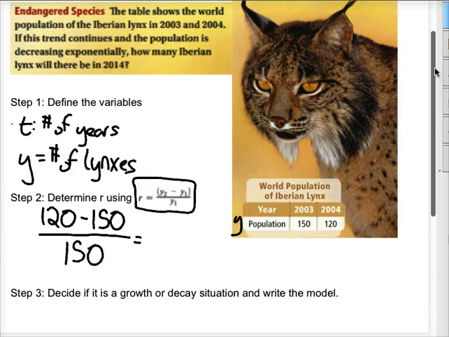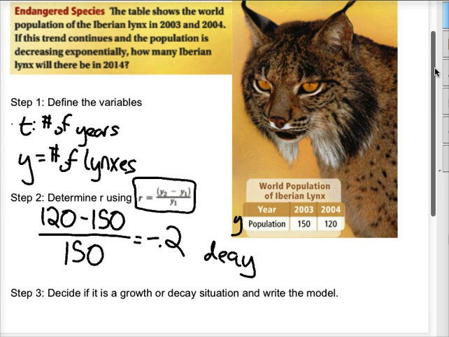All right, so let's see how that calculation turns out. 120 minus 150, divided by 150, is negative 0.2. What this is telling me is that this is a decay problem.